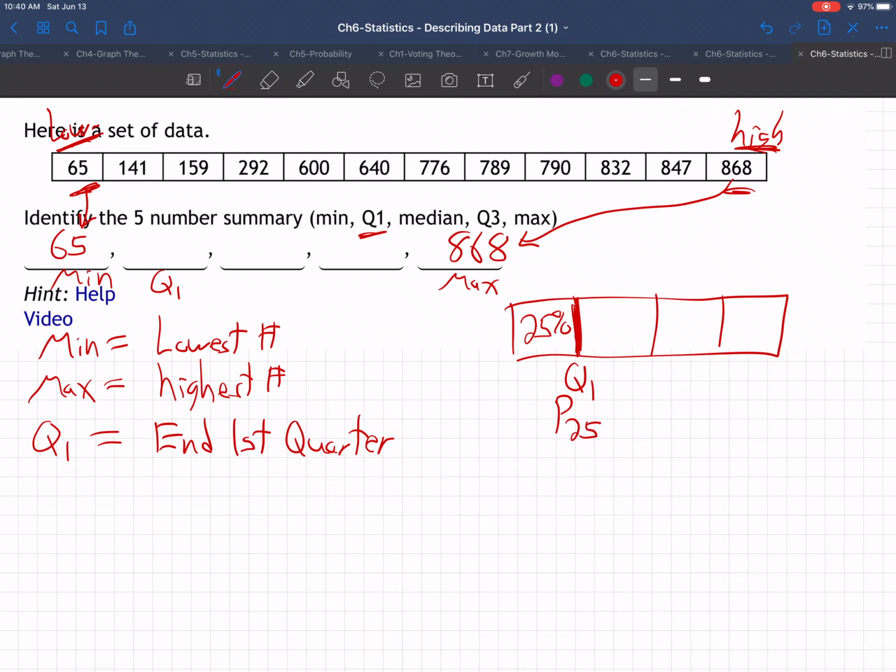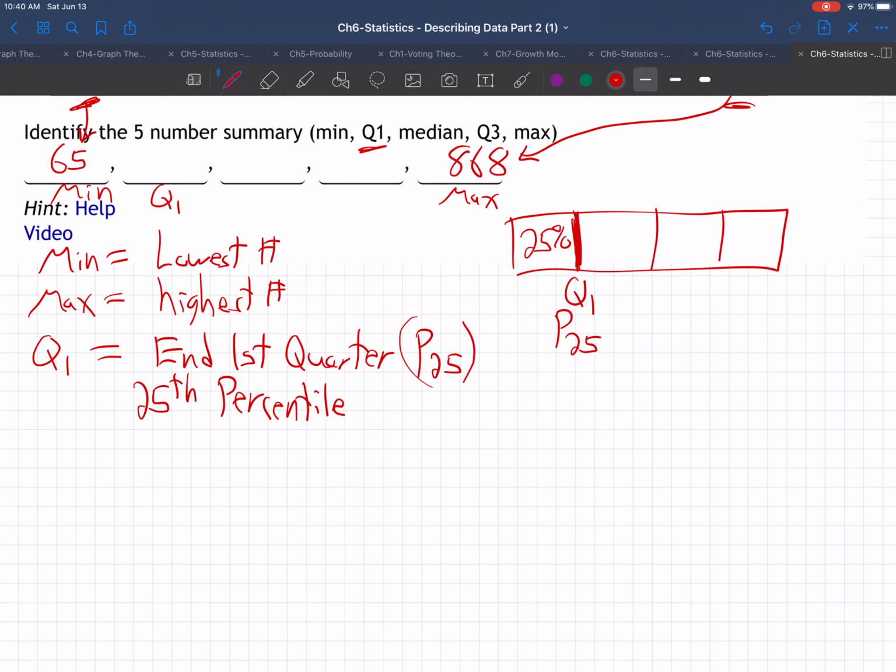At the end of the first quarter of a basketball game or football game, the game is 25% over. So Q1 is really P25. It's the 25th percentile. In other words, it's the data value that's 25% of the way along. So it's the end of the first quarter, 25% of the way.